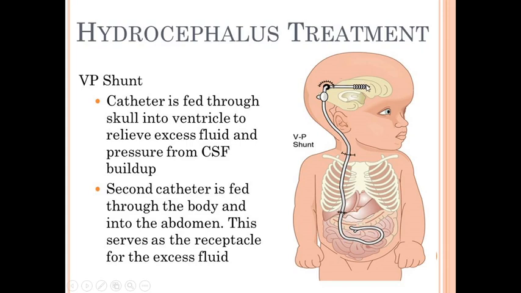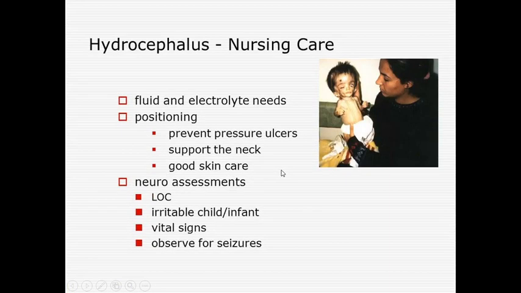So it is a connection between the ventricle and the peritoneal cavity which we create in order to reduce the excess amount of CSF in hydrocephalus. This is called a VP shunt or ventriculoperitoneal shunt. So this is how you treat hydrocephalus.